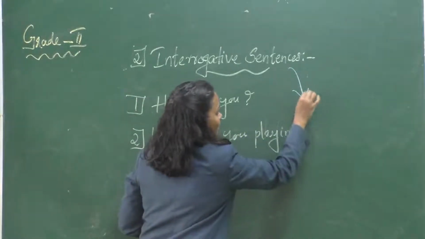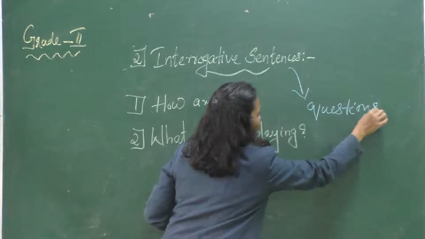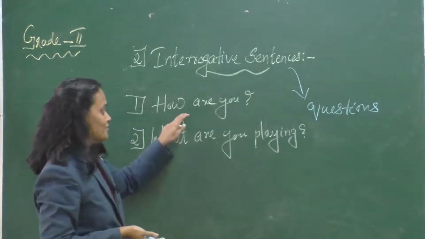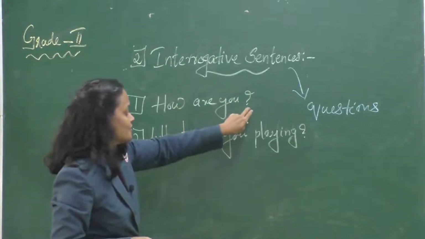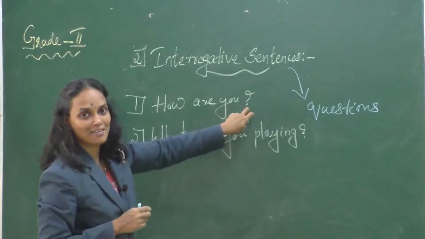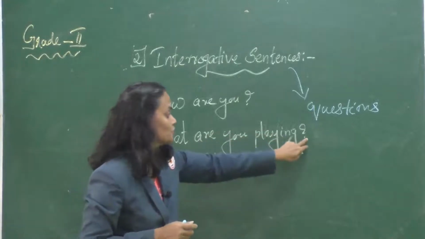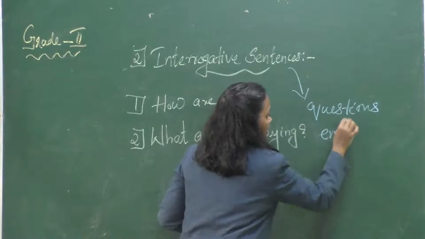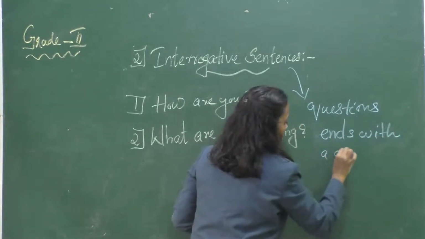Interrogative sentences are questions. And look at the sentences closely. Each interrogative sentence ends with an interrogation mark or a question mark. So an interrogative sentence ends with a question mark.